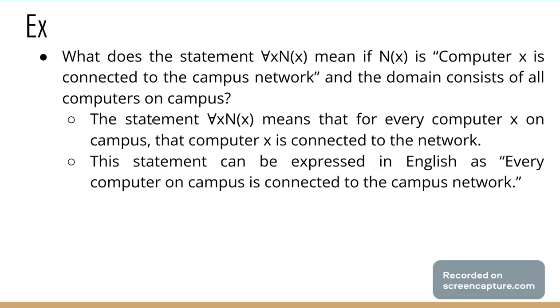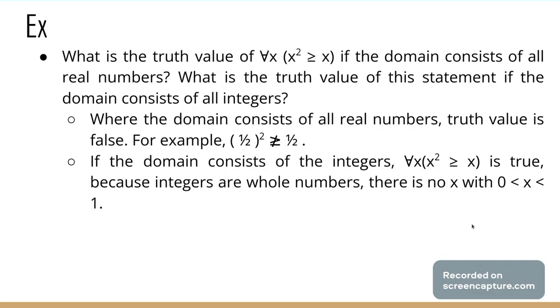Okay, so the statement for all x, N of x means that every computer is connected to the campus network. That means in English, every computer is connected to the campus network.